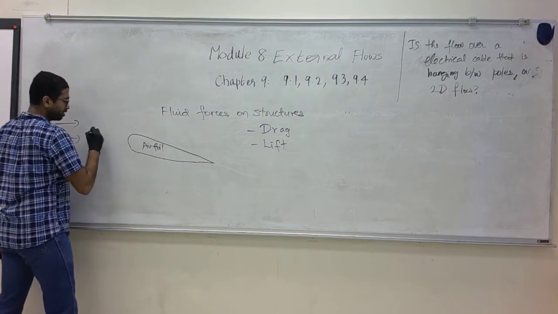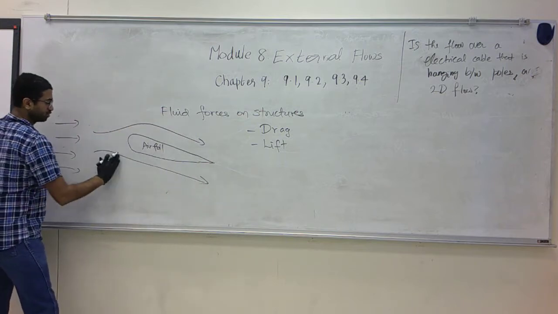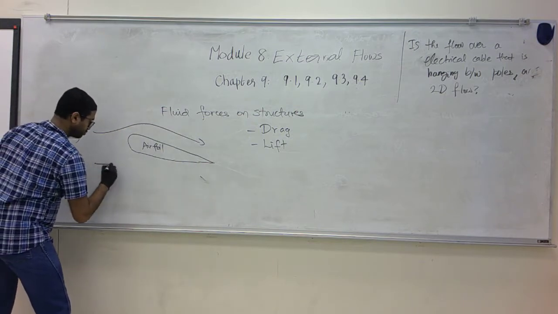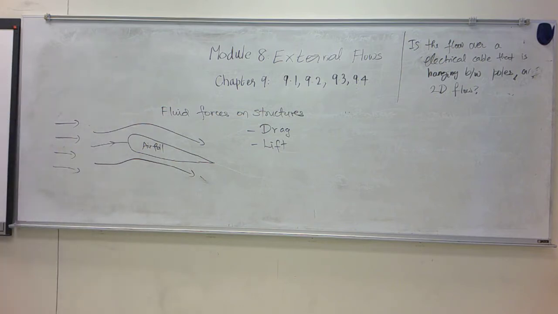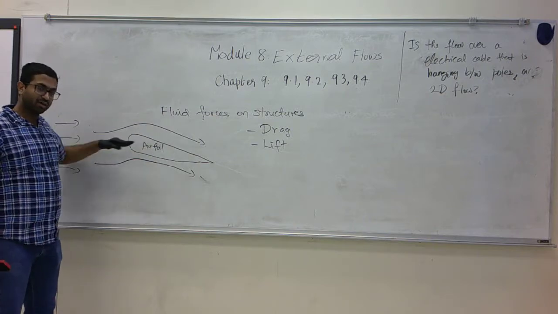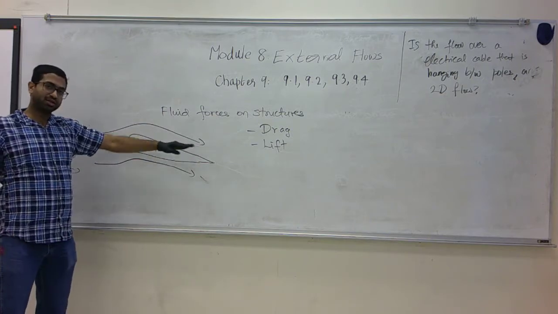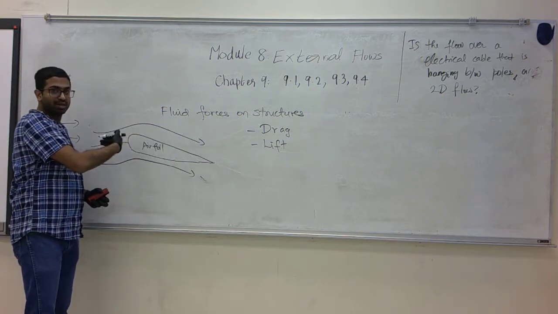When it comes near, it goes around the airfoil, something like this. Okay, the fluid obviously pushes this airfoil in this direction. That is, it's trying to push the object, and the object is trying to move this way, let's say.